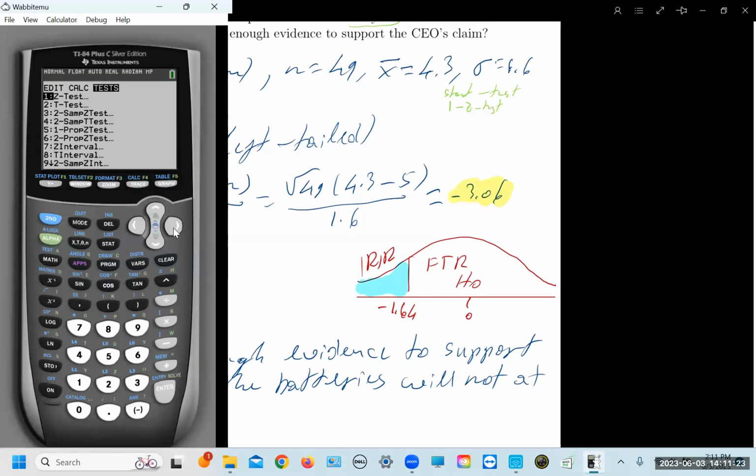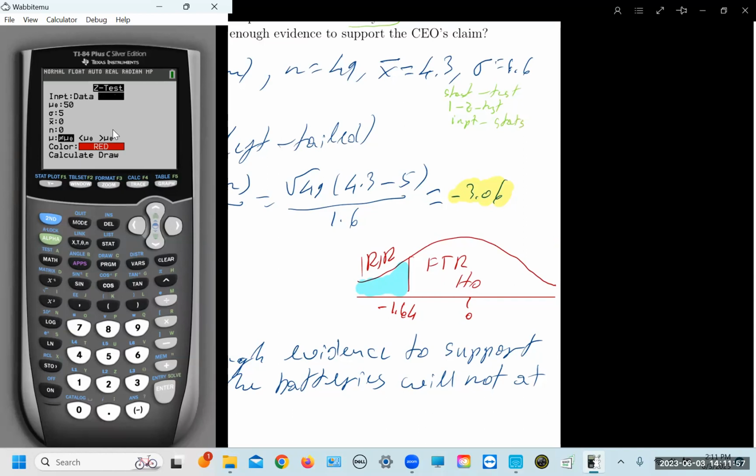Right there, one Z test, and then input, start. We go input to start.